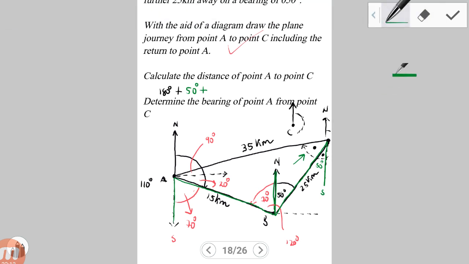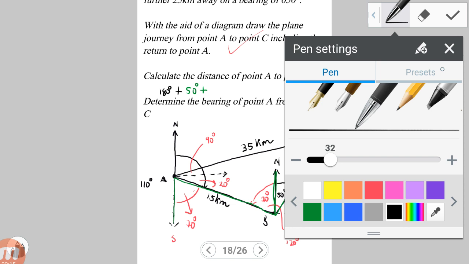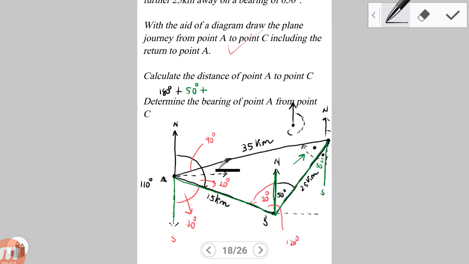We don't have enough information to inject in here, but what we can do is use the sine rule to help us. We could actually use the cosine rule again, because one of the criteria of the cosine rule is that if you have all three sides, then we could use the cosine rule.